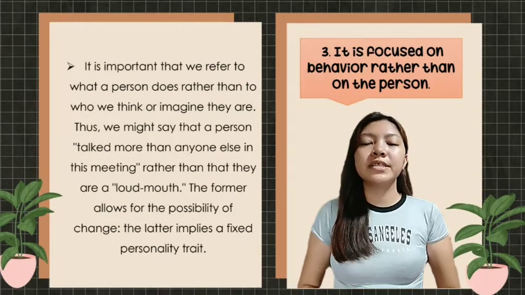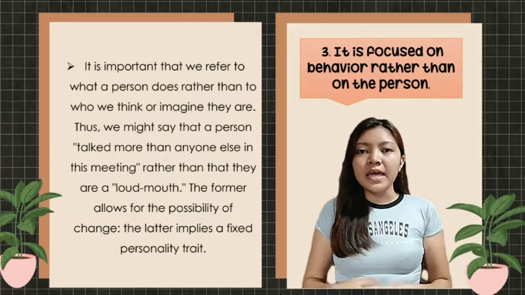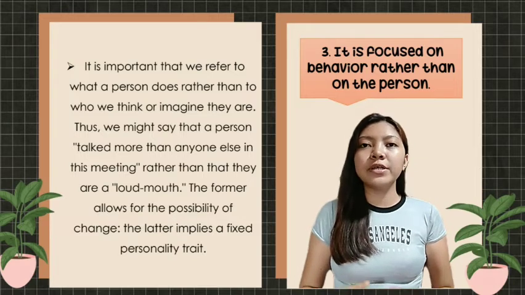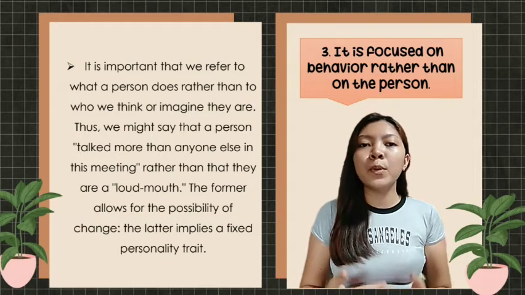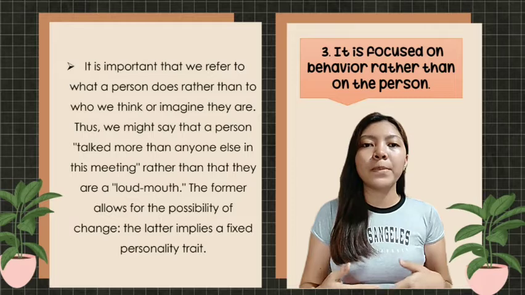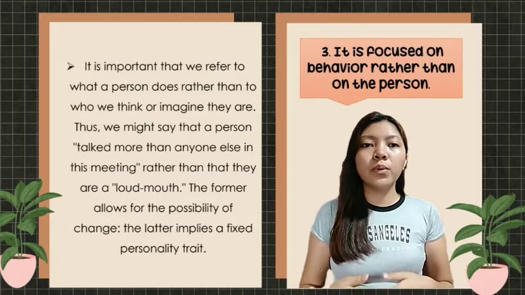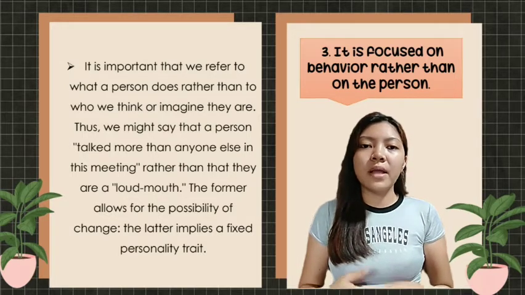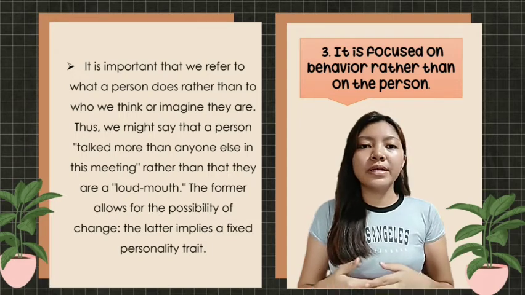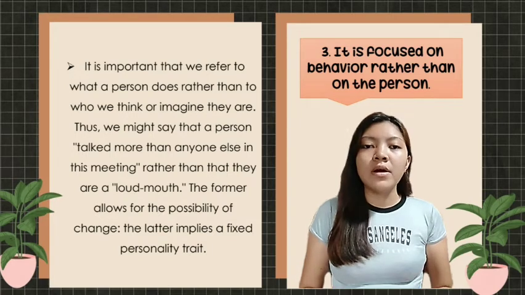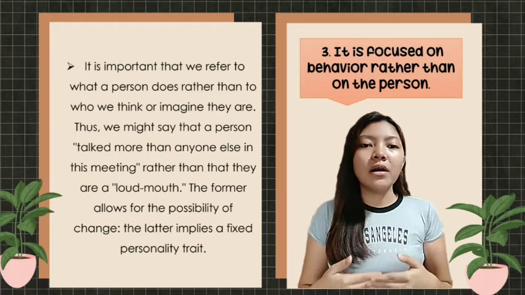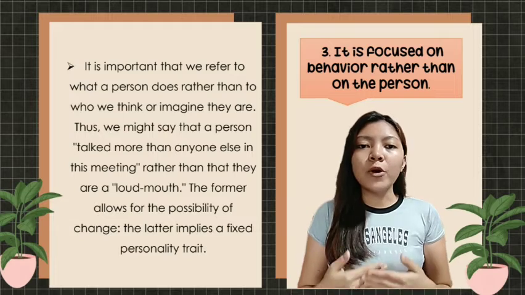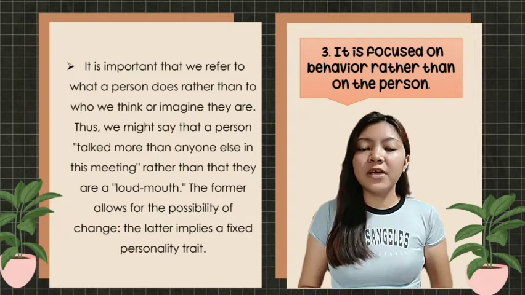The third characteristic of constructive feedback is it is focused on the behavior rather than on the person. It is important that we refer to what a person does rather than to who we think or imagine they are. Thus, we might say that a person talked more than anyone else in this meeting rather than that they are a loudmouth. The former allows for the possibility of change.